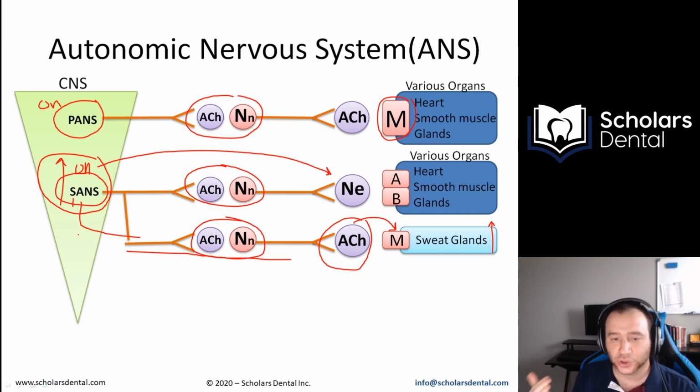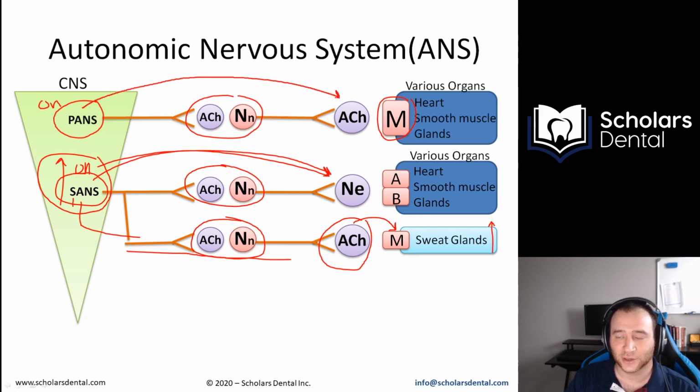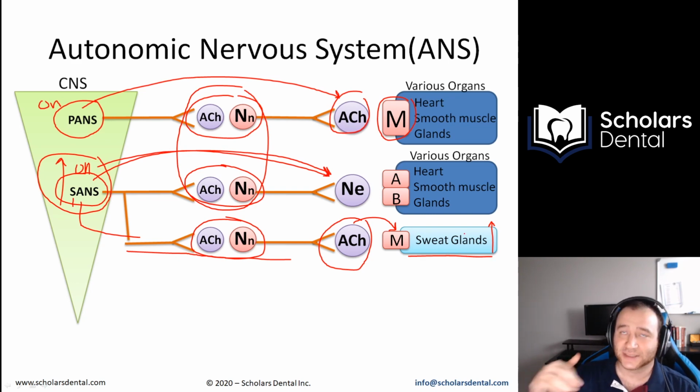That's unique. Usually sympathetic fibers release norepinephrine at the end, and parasympathetic fibers release acetylcholine. Both of them release acetylcholine in the ganglions, but it's the end that's different. However, for the sweat glands, because the sympathetic was desperate to get the sweat glands on its side, it will release acetylcholine at the end. So that's a unique case, okay?